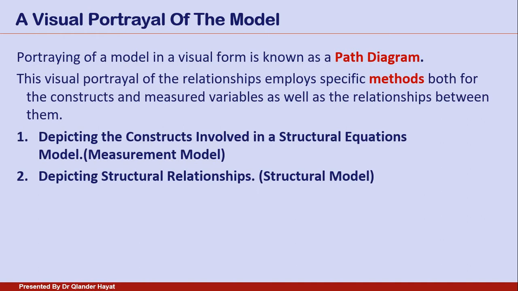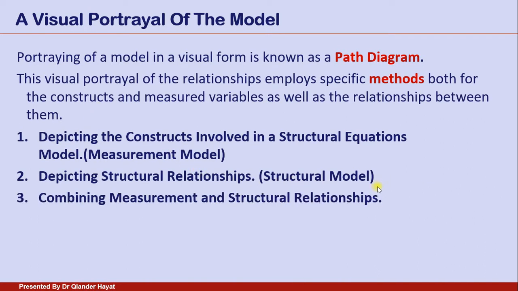First of all, we have to depict the constructs involved in the structural equation model. We have to develop the measurement model, and after that the structural model. Then we combine the measurement and structural relationships.